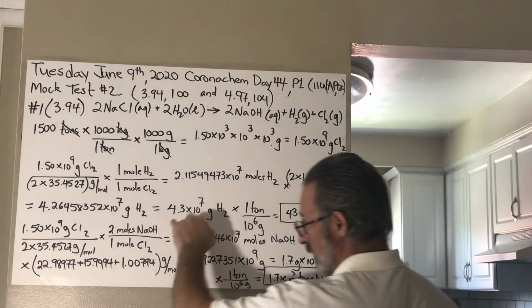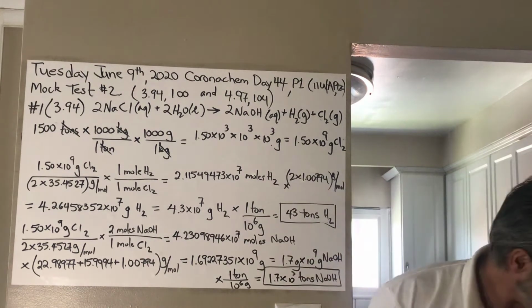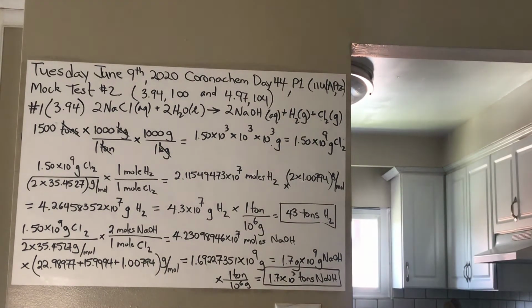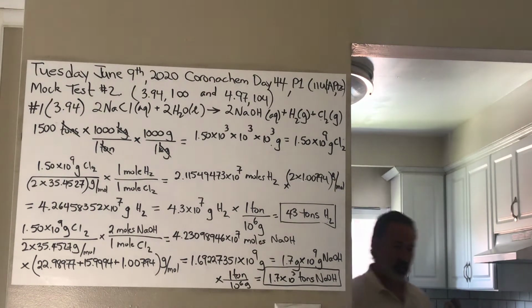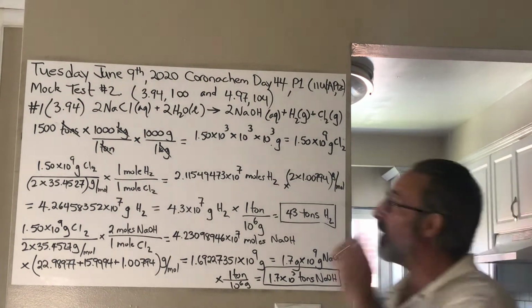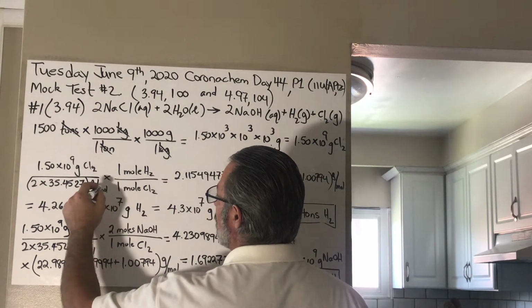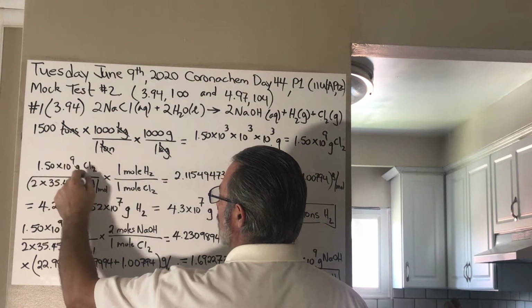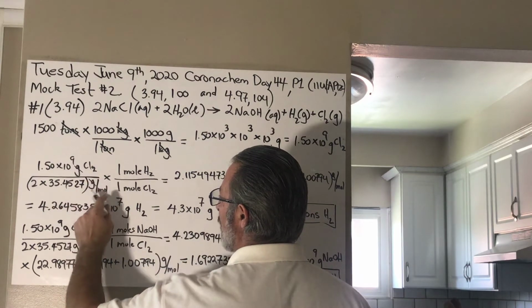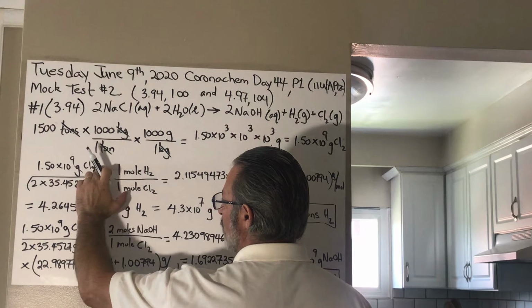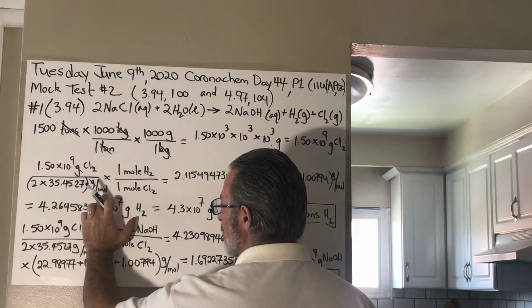You see how grams of chlorine cancel, so you're going to have moles of chlorine, and moles of the chlorine is actually here in the numerator because it's in the denominator of the denominator.